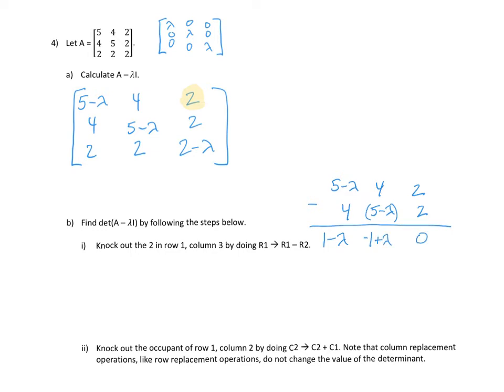And 2 minus 2 is 0. So my new row 1 is 1 minus lambda, negative 1 plus lambda, 0. And then row 2 and row 3 don't change.